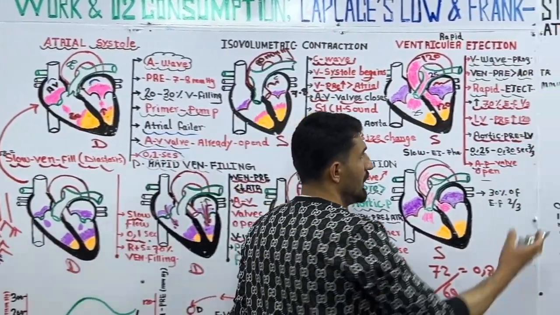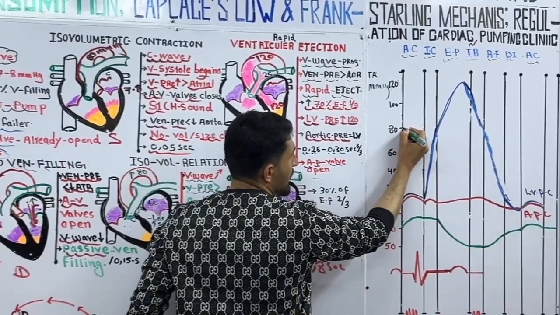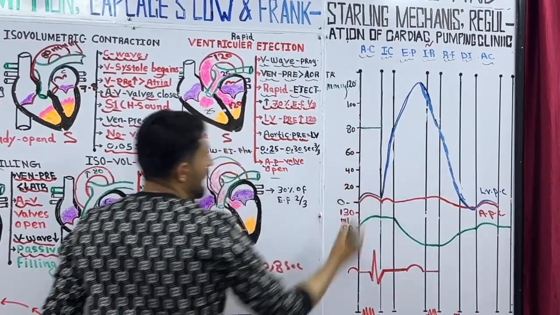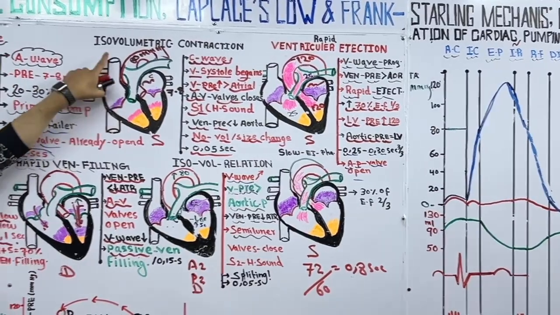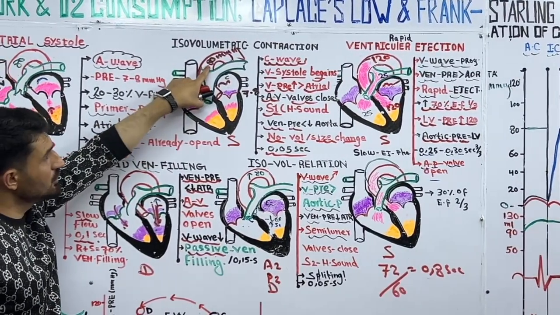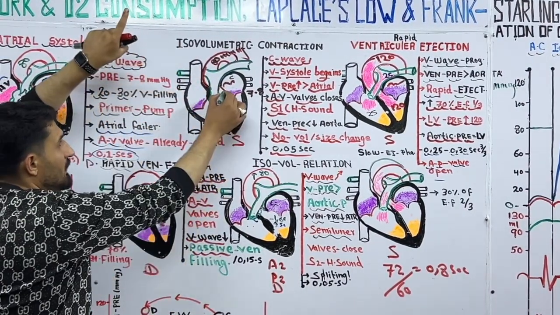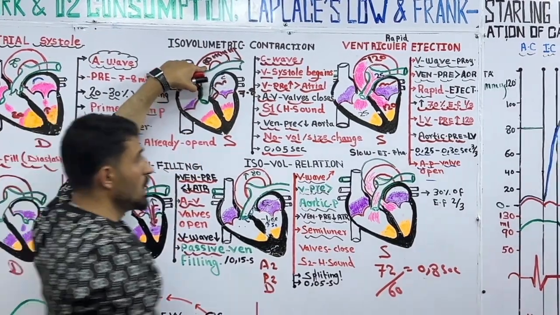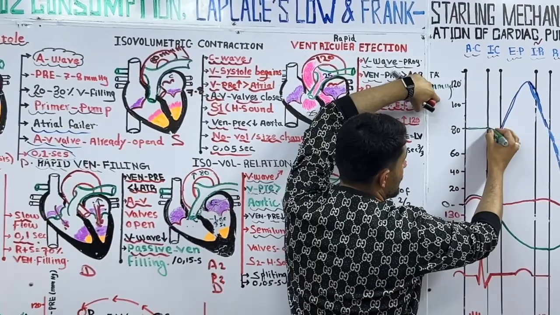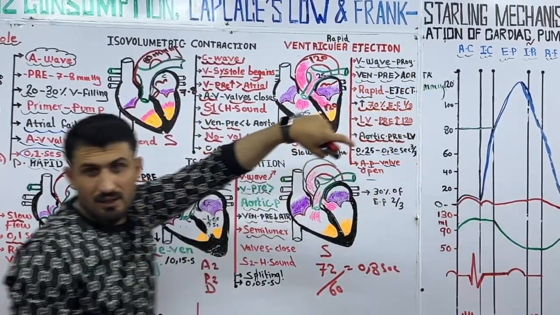So in the atrial contraction phase, there is no change in aortic pressure. In the isovolemic contraction phase, the aortic valve is also closed, so there is also no change in the curve.